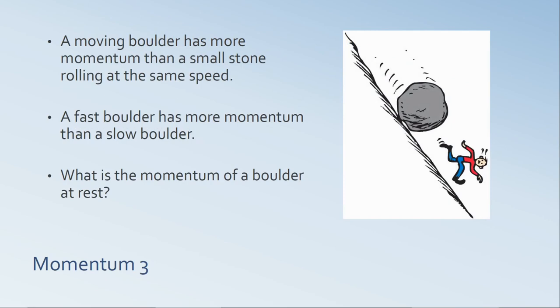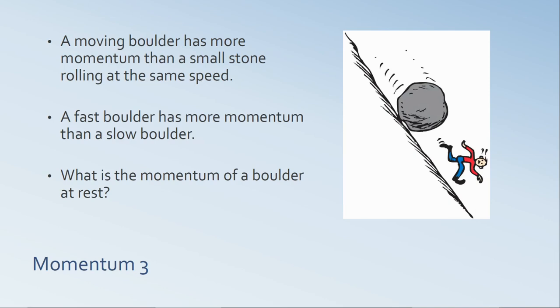If we have a boulder rolling down a hill, that large boulder is going to have more momentum than a small pebble rolling at the same speed because it has more mass. If we multiplied out the mass times velocity, we'd get more momentum because it has more mass. Conversely, if we have two boulders of the same mass, the one that's rolling faster, the one with more velocity, is going to have greater momentum.